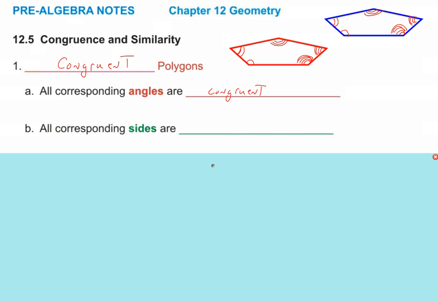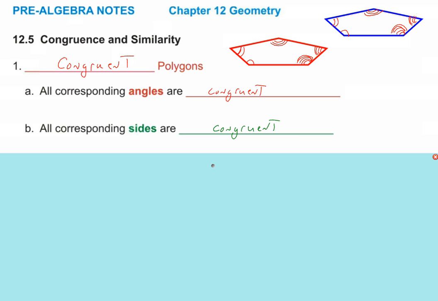And we'll talk about corresponding in just a couple moments. But it is important to make sure we're dealing with the correct angle. And because the polygons are congruent, all corresponding sides are also congruent. Not all sides are congruent. That would be a regular pentagon.